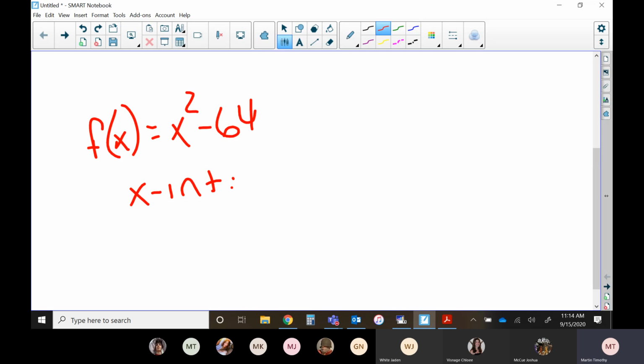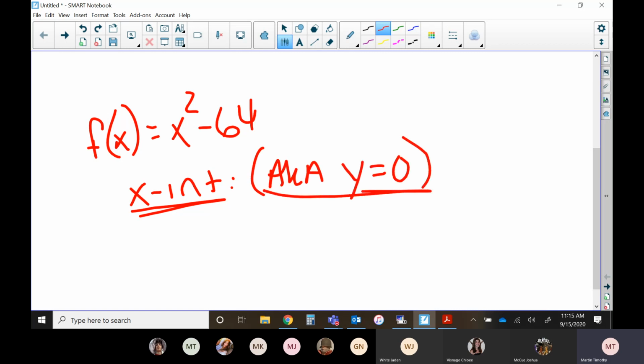Now I'm telling you, I'm asking you for the x-intercept. Once I tell you x-intercept, I've actually told you more information. Does anyone remember the information that I told you? Whenever you're on the x-intercept, what can you guarantee to be true? AKA y equals 0. They're not going to tell you this part.